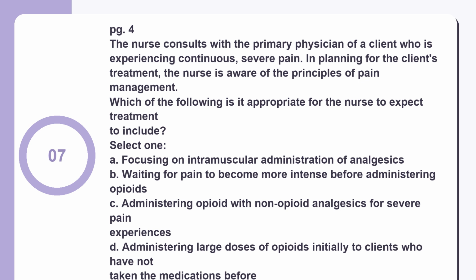C. Administering opioid with non-opioid analgesics for severe pain experiences. D. Administering large doses of opioids initially to clients who have not taken the medications before. Answer: C. Administering opioid with non-opioid analgesics for severe pain experiences.